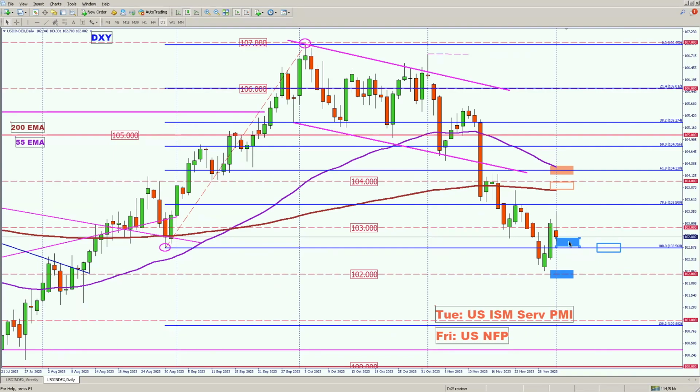Let's take this one out. Support is still at the 102. Interim resistance now is between the 104 and below that the daily 200 EMA, and right above that is the significant resistance at the 62 fib and the 55 EMA.